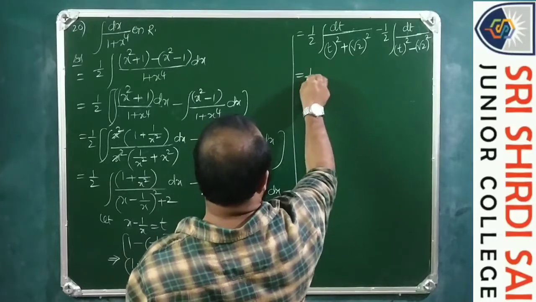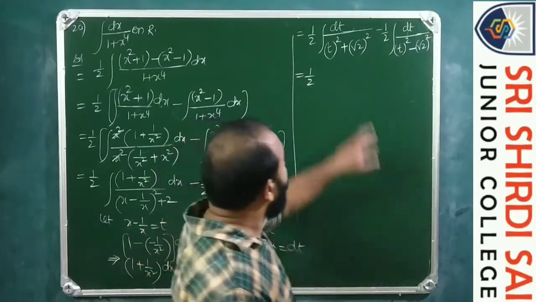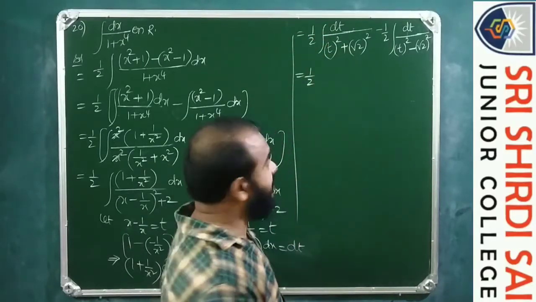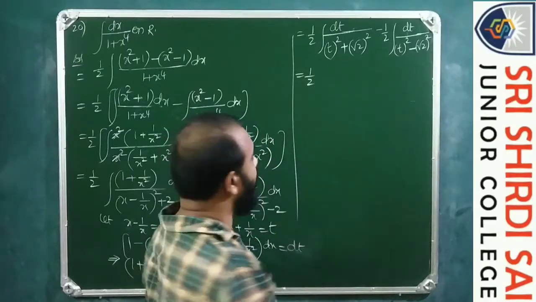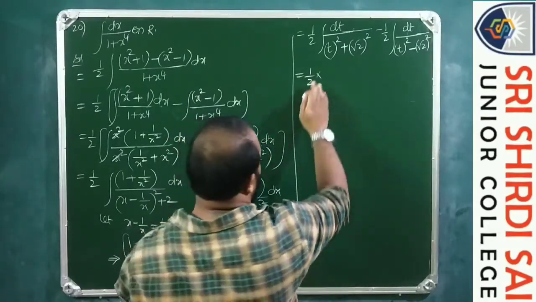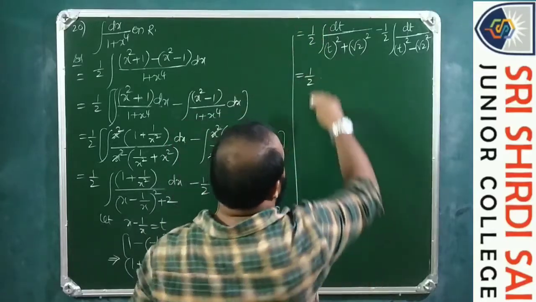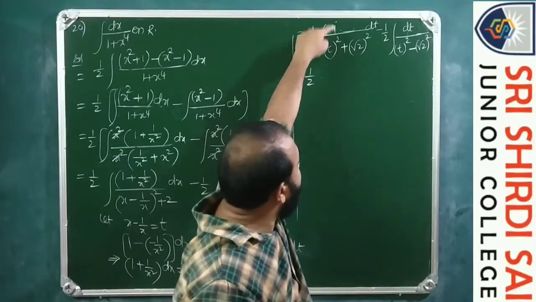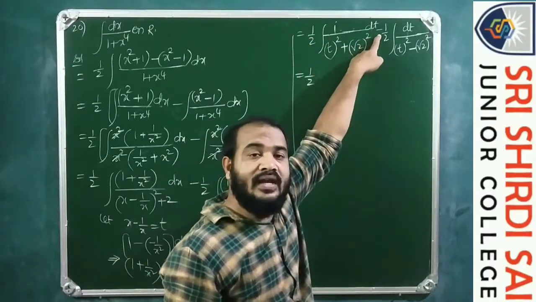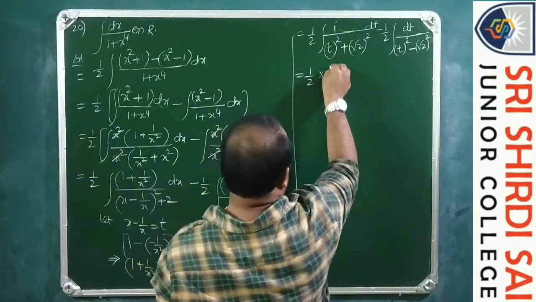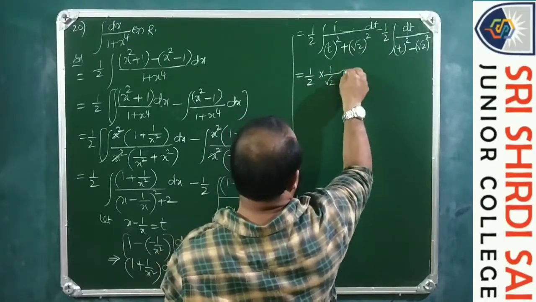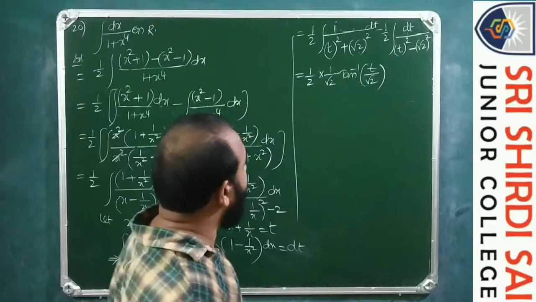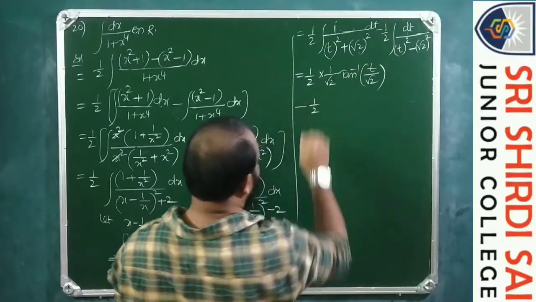This implies 1 by 2. This is of the form integral 1 by x square plus a square dx, which is 1 by a tan inverse x by a. So 1 by a is root 2 tan inverse t by root 2, minus 1 by 2.